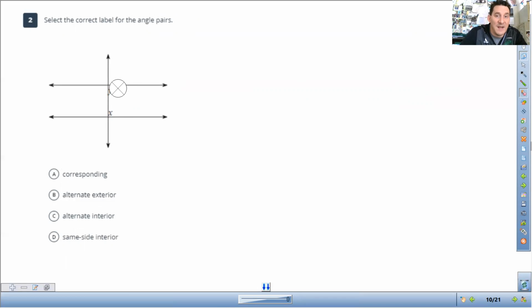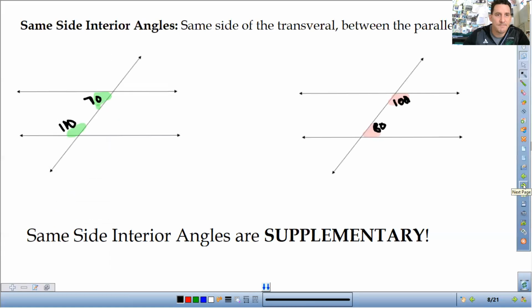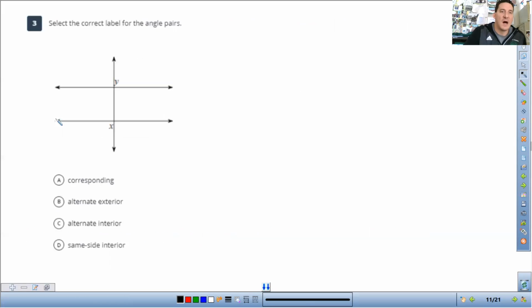Here they are in between. They're inside on the interior. There's actually only one of those choices here. This is going to be same side interior angles. Actually made a mistake with the, no, never mind. Same side interior angles here.